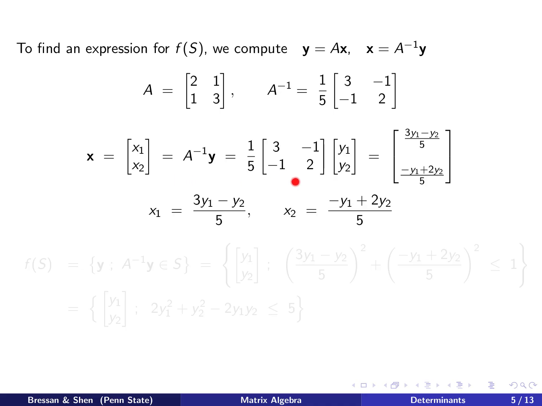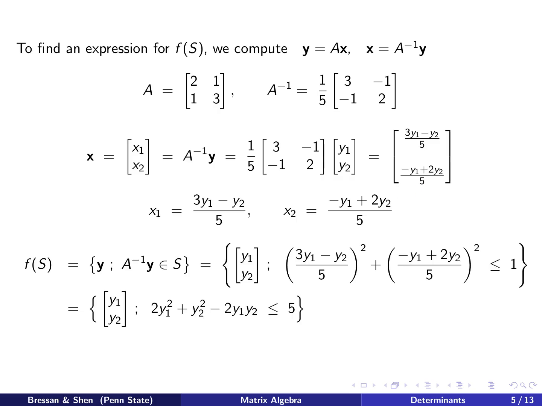Let's put in A inverse here, and let's write out the components y1 and y2, and then we can do this multiplication, a matrix multiplied by a vector, and we'll get a vector. If you carry out, you get this. So that means x1 is this, which we write down here, and then x2 is this.